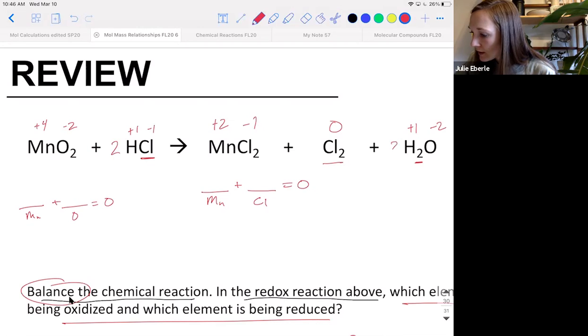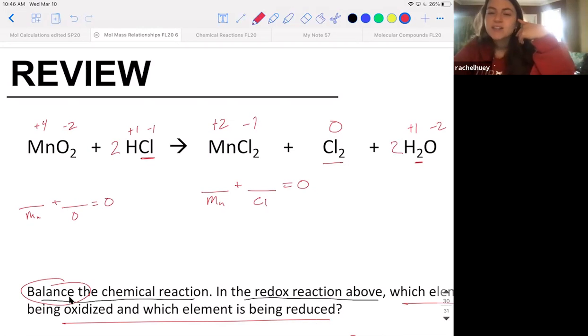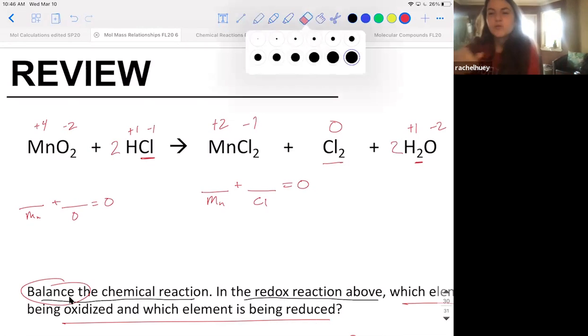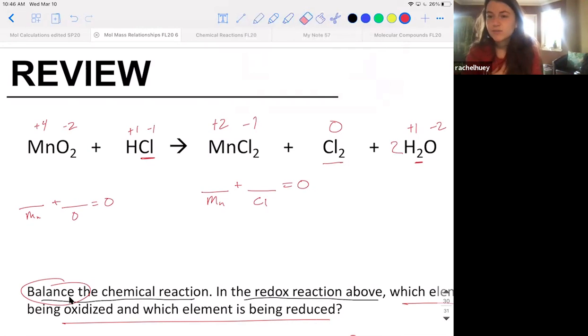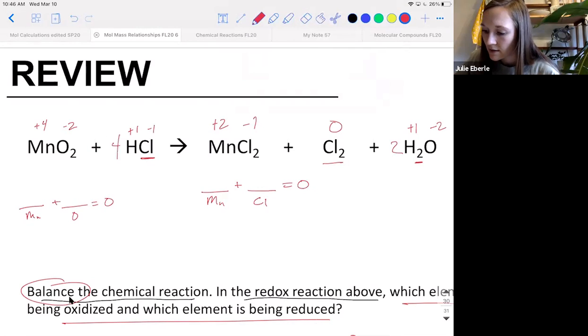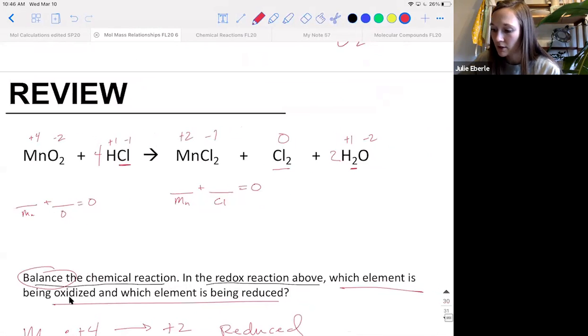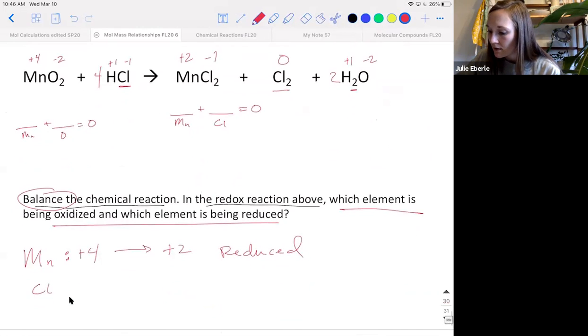Because we need a 2 right there. So how does balancing affect it, are the numbers different if we would have balanced it? No, balancing doesn't affect it. You could still answer this question correctly without balancing it. I just realized the instructions said to balance it and we didn't. But it won't mess up your oxidation stuff, redox stuff.